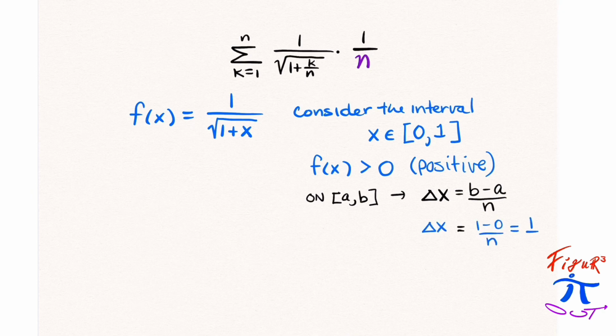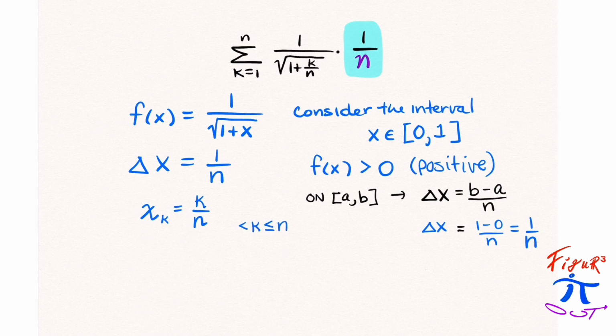And on the interval I've chosen here, that gives us a delta x of 1 over n, something that we have in our series. So delta x is 1 over n, and we're going to let x sub k be the value of k over n, where k is going to run between 1 and n, as in our series. And that justifies why x is a value between 0 and 1.